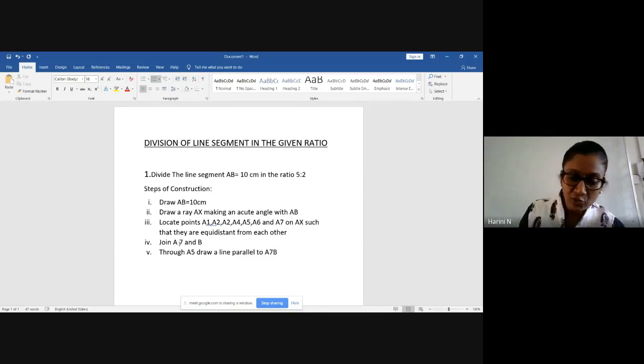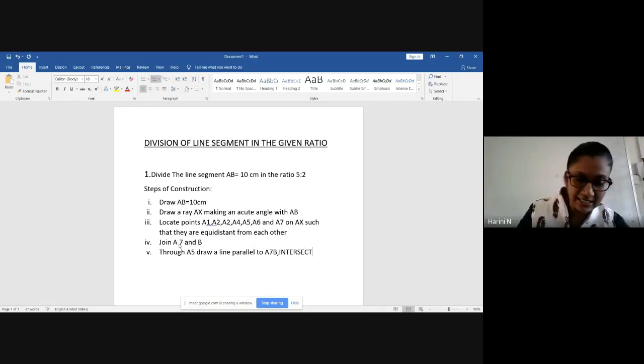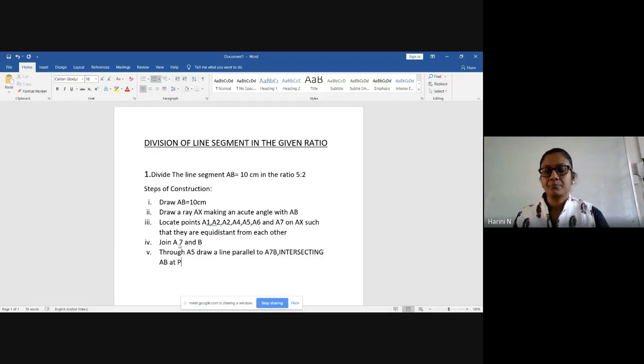And what should that line do? It should be intersecting AB at B. Yes, intersecting AB. Correct. AB at B.